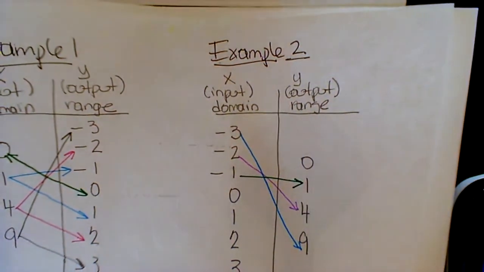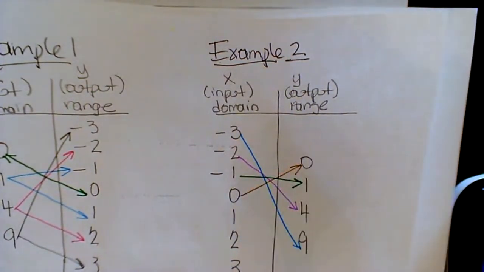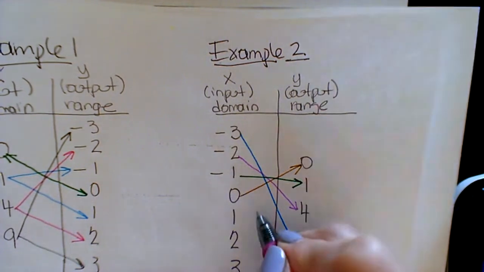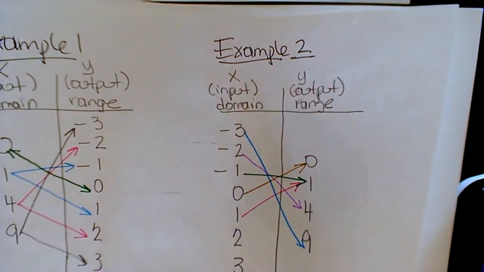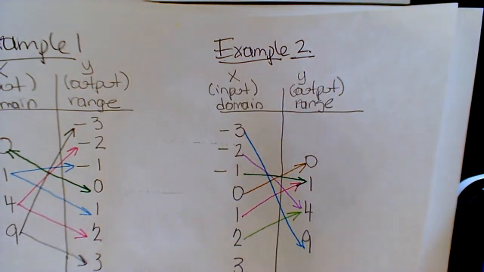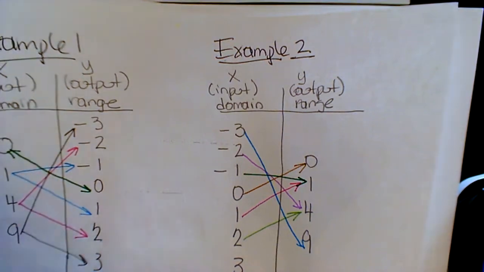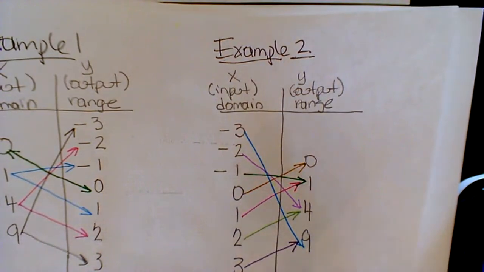The 0 goes to 0. The 1 goes to 1. The positive 2 goes to 4. And 3 goes to the 9. All right.